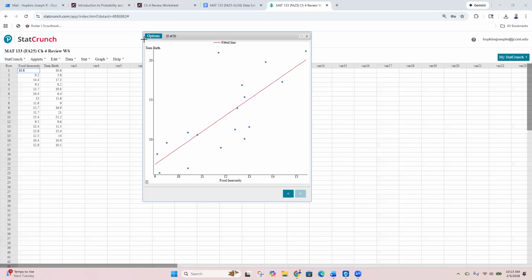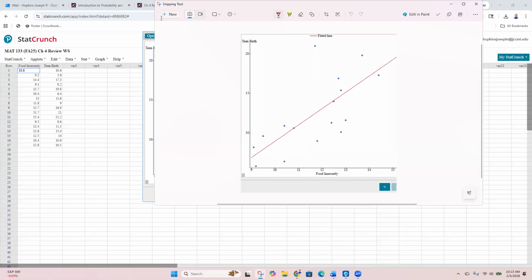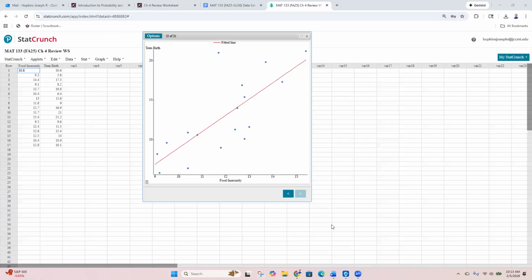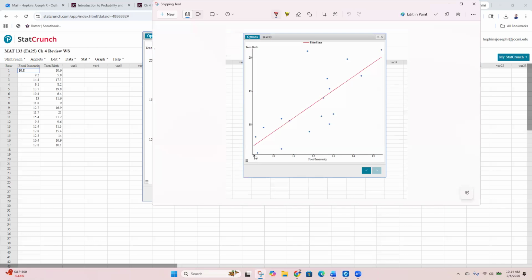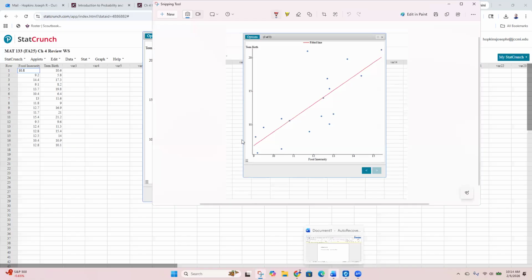So here's my line, right? Right here is 9 for the x-axis. I just calculated that New Hampshire's x value is 7.9. So where is that?